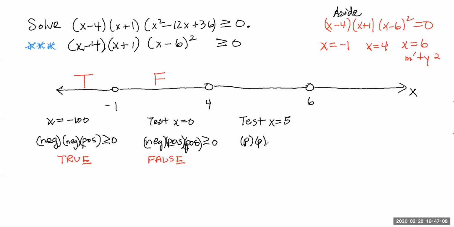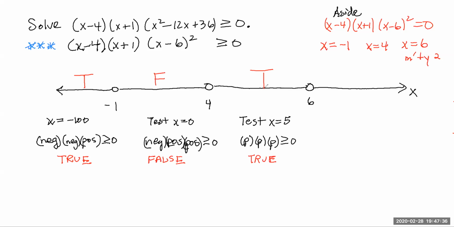And then -1 quantity squared is still positive. So it's a positive times a positive times a positive greater than or equal to 0. That is a true statement now. Once again, I'm going to label true, or you could just put a T right here, to label that part of the number line as true for this triple star inequality.